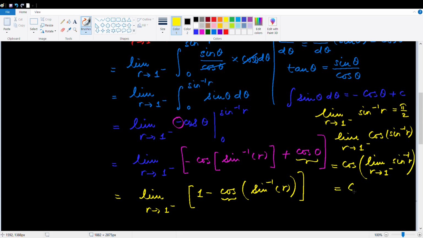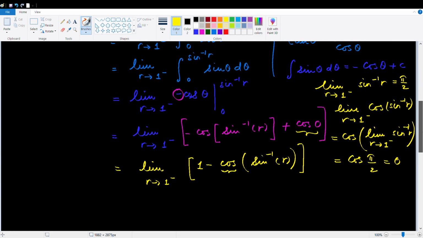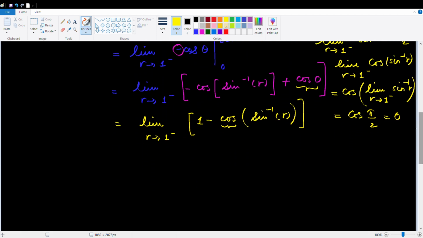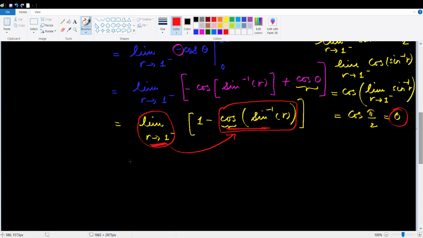This will mean this is equal to cos pi by 2, which is equal to 0. So what I did just now is that I've shown the limit of this function as r tends to 1 from minus is 0. So this basically reduces to the value 1.